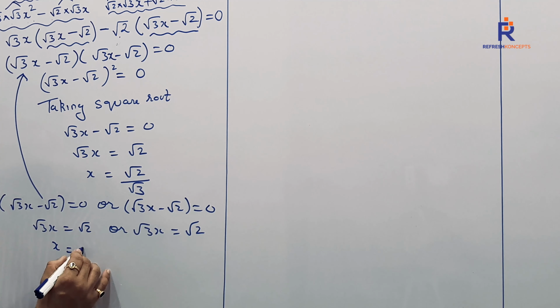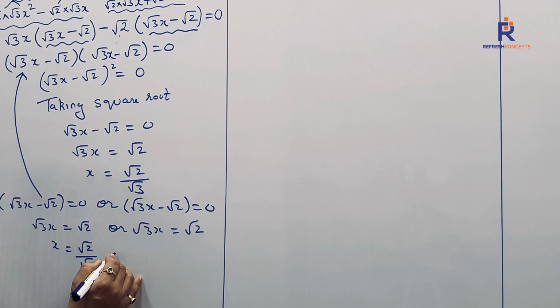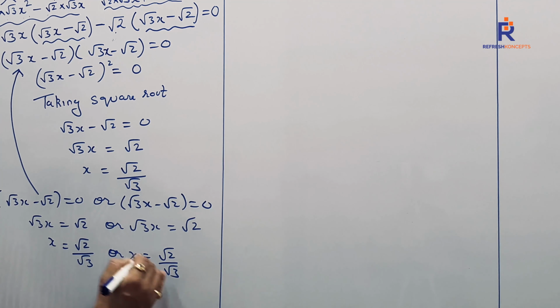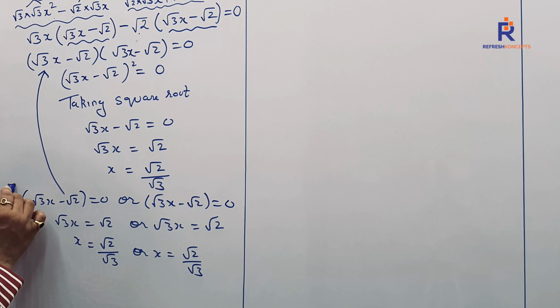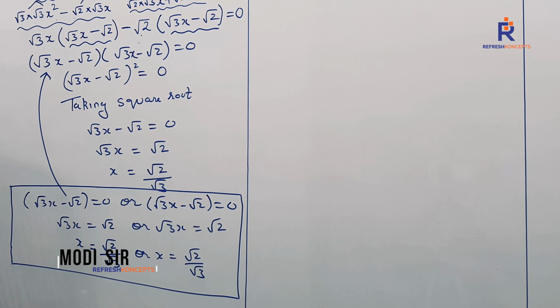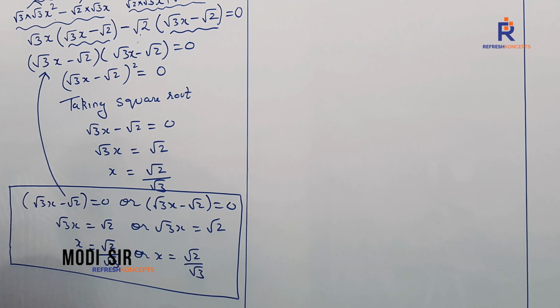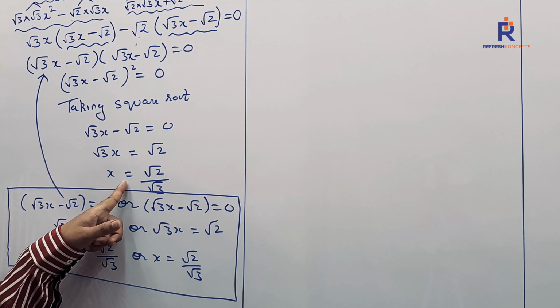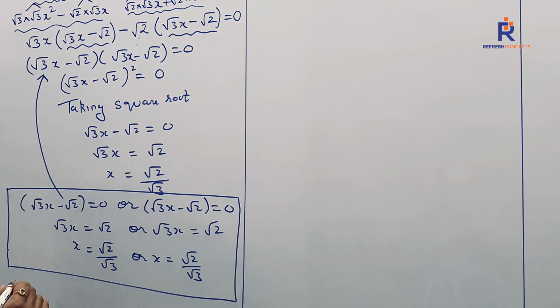X is equals to root 2 by root 3, or x equals to root 2 by root 3. Now this step is what I have done to make my children understand that we have real and equal roots, but over here we have written only once.